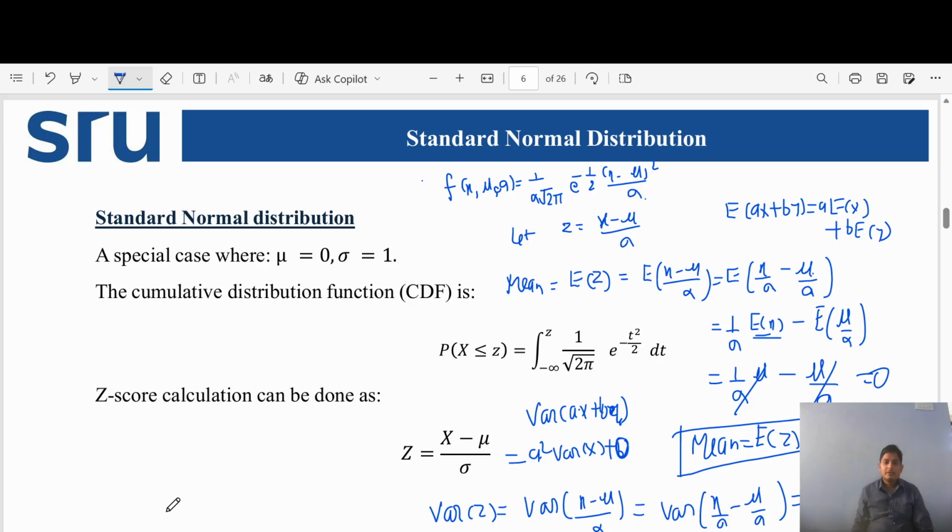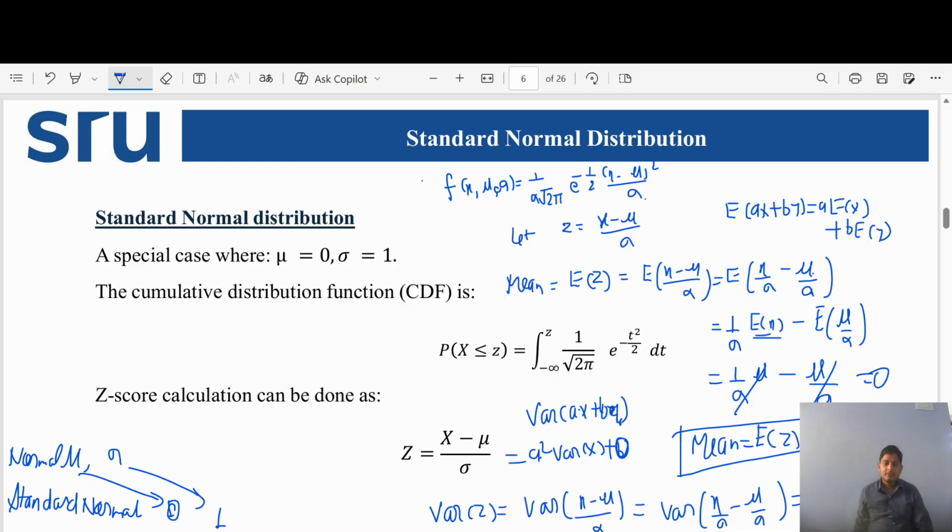When the normal distribution has mean mu and standard deviation sigma, and it transforms to the standard normal distribution, this mean mu becomes 0 and sigma becomes 1.